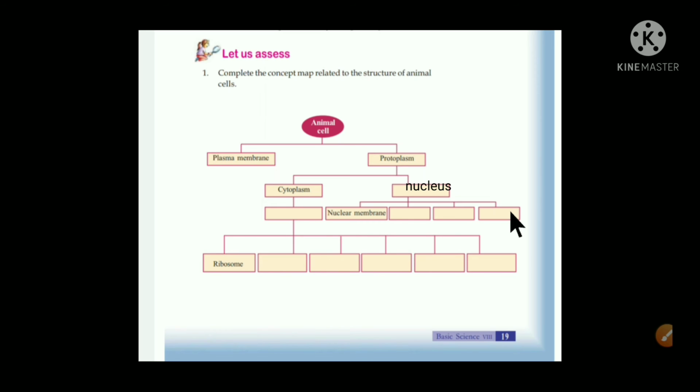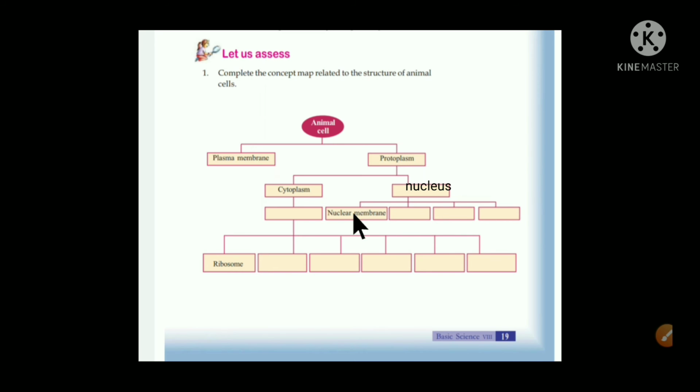But nuclear pores are seen on the nuclear membrane, so there is no need to add nuclear pores in these boxes. Only 4 boxes are there and 5 parts, so the extra part, nuclear pore, is already on the nuclear membrane and we can skip it.